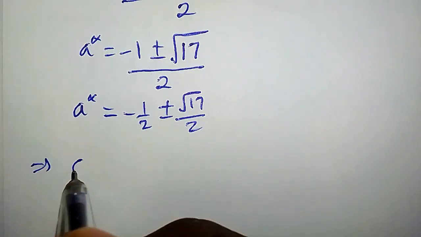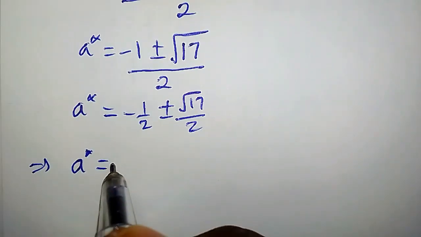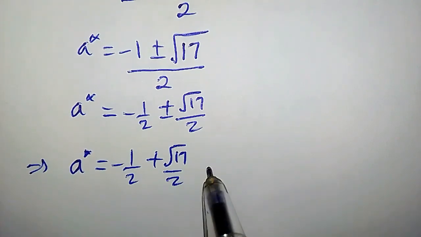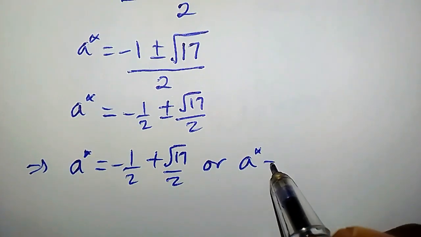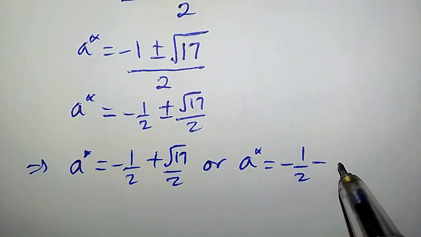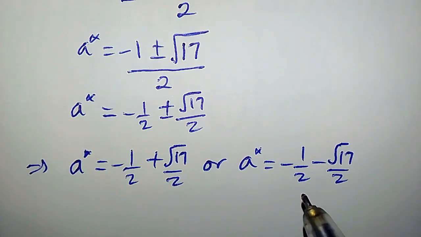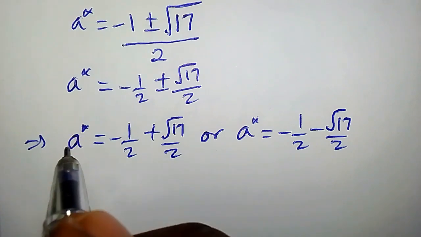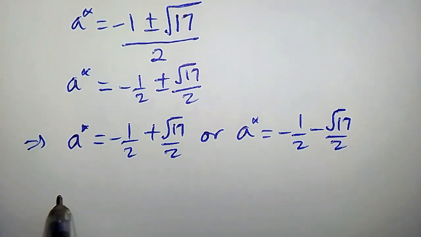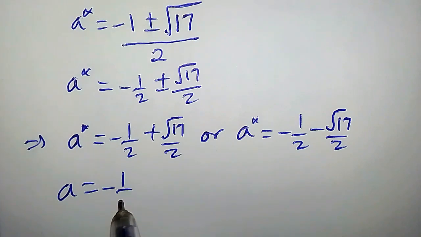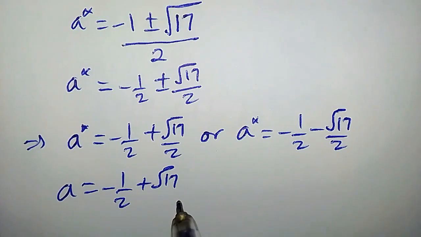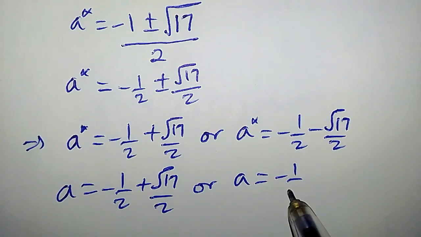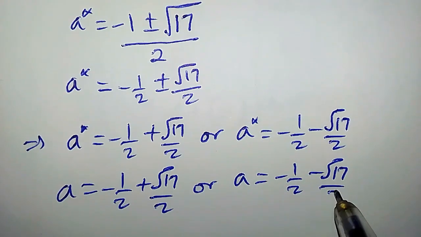This implies that A star is equal to minus 1 plus square root of 17 over 2, or A star is equal to minus 1 over 2 minus square root of 17 over 2. But since A star is the same thing as A, to avoid confusion, our A is equal to minus 1 over 2 plus square root of 17 over 2, or A is equal to minus 1 over 2 minus square root of 17 over 2.